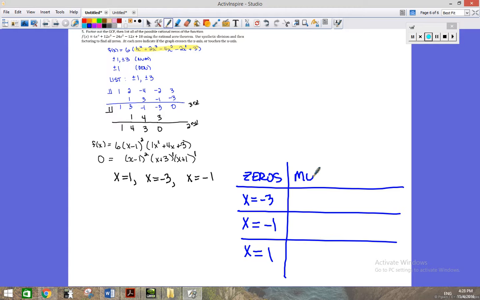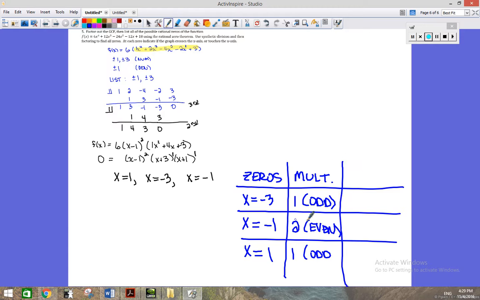The multiplicity at negative 3 is 1, and that's an odd number. At negative 1 the multiplicity is 2, and that's an even number. And at x equals 1, the multiplicity is 1, and that's odd.